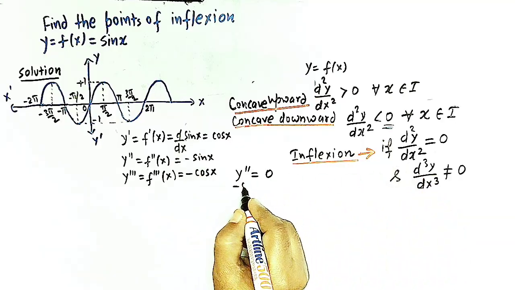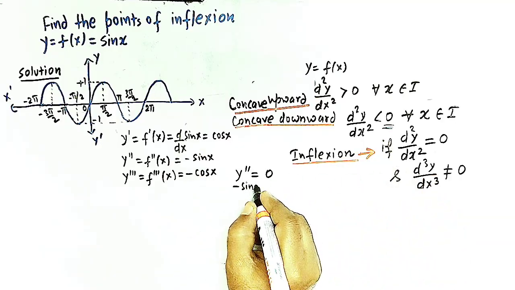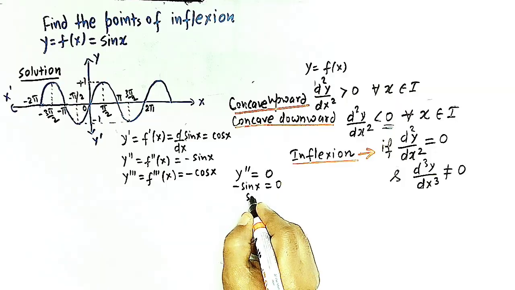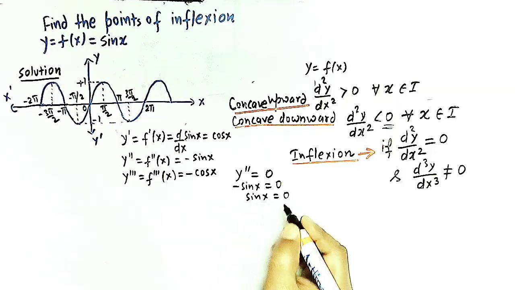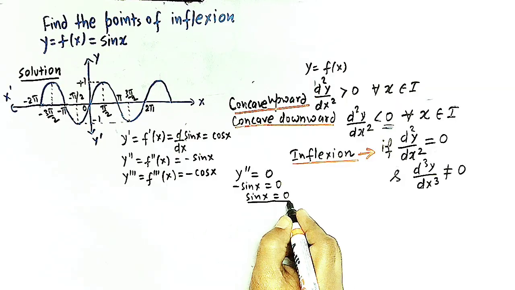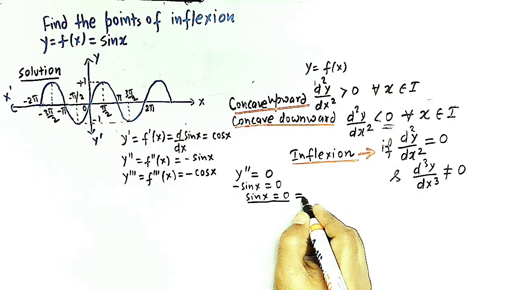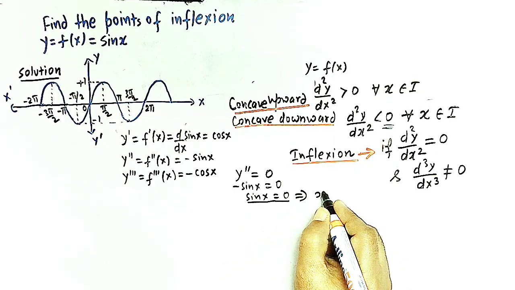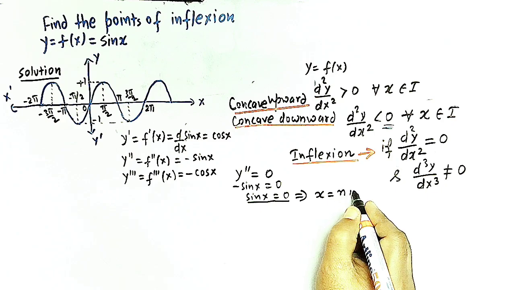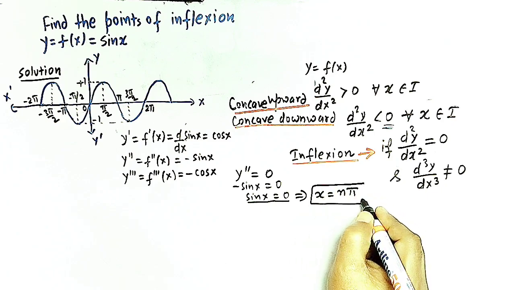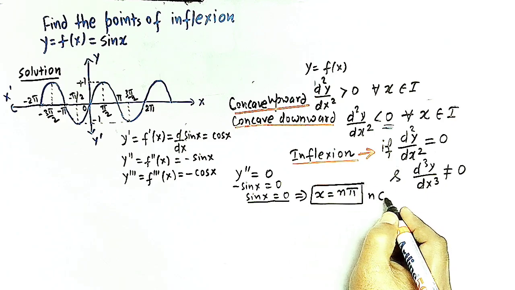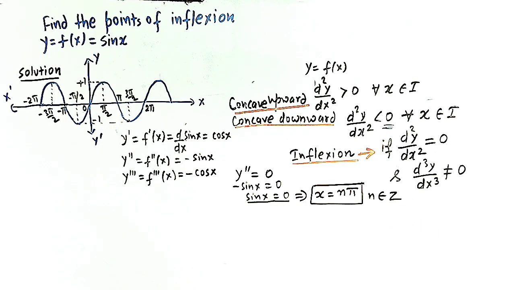So we have minus sine x equal to 0. So from here we have sine x is equal to 0, and the solution of this trigonometric equation, that is sine x is equal to 0, we have x is equal to n pi, right, where n belongs to the set of integers, right.